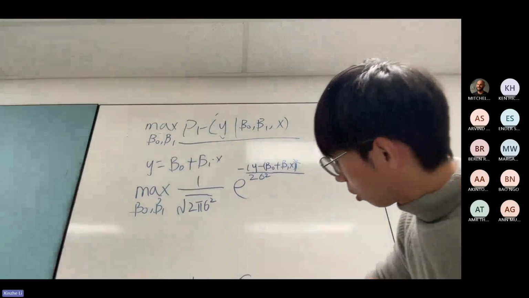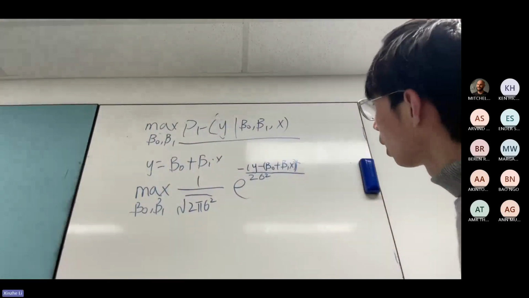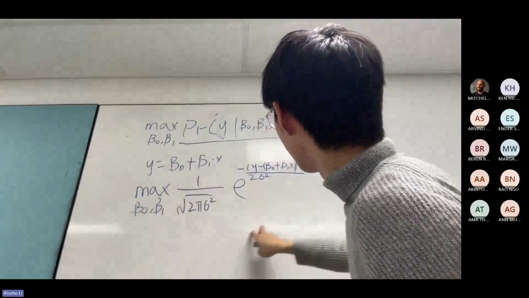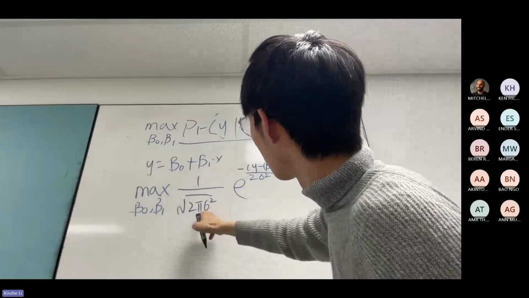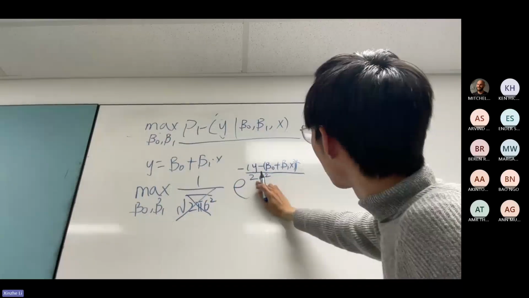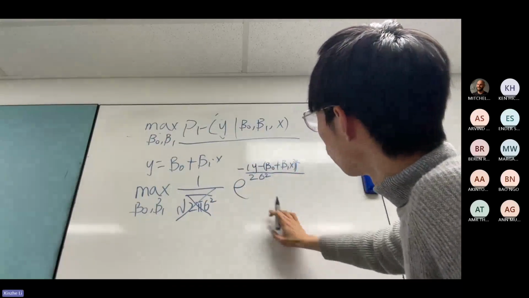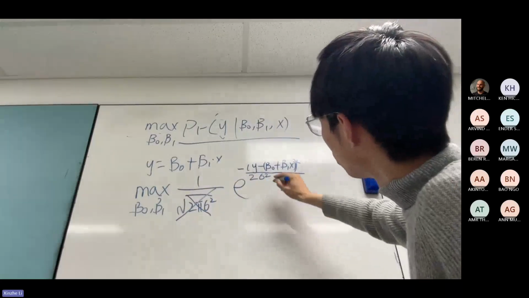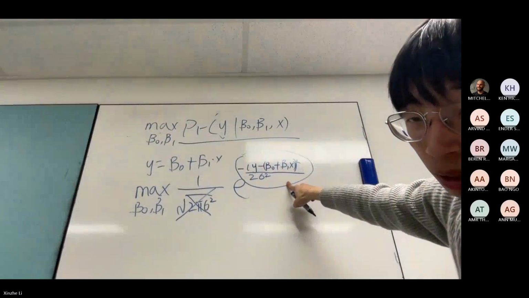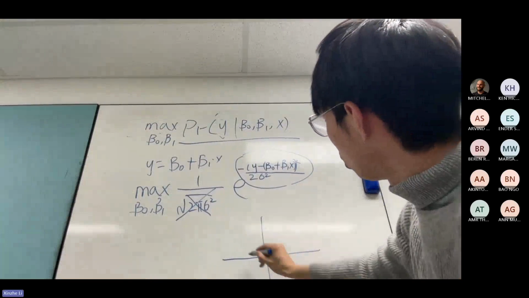Now I can erase. Now we are nearly finished with this objective. Let me simplify this. This is a constant, right? We don't need to care about the constant. And here we have e, an exponential function, right? If we want to maximize the exponential function, this should be maximized or minimized? Remember the exponential function is like this.